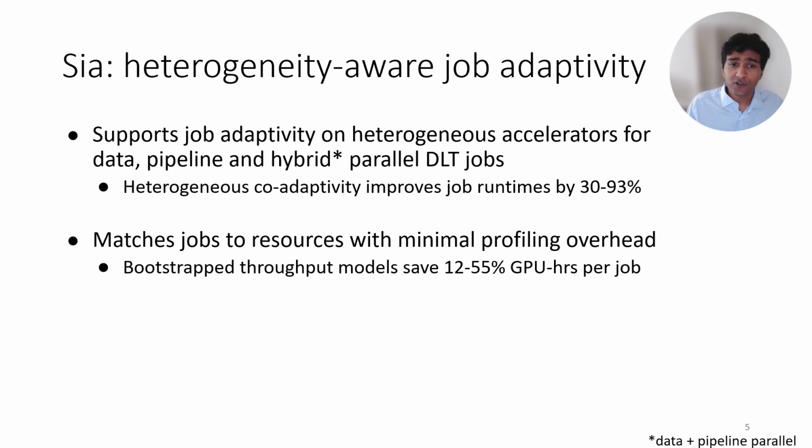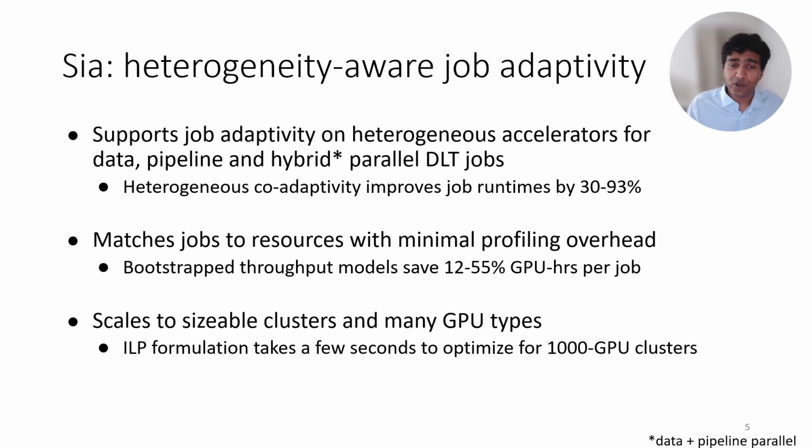SIA also uses a novel approach to model job adaptivity on heterogeneous resources while using minimal amounts of profiling. By using GPU types more efficiently, training a deep learning model requires 20 to 55% fewer GPU hours when using SIA compared to the state of the art. Further, SIA's scheduling objective can be formulated as an integer linear program and is efficiently optimized in a few seconds even for 1000 GPU clusters.